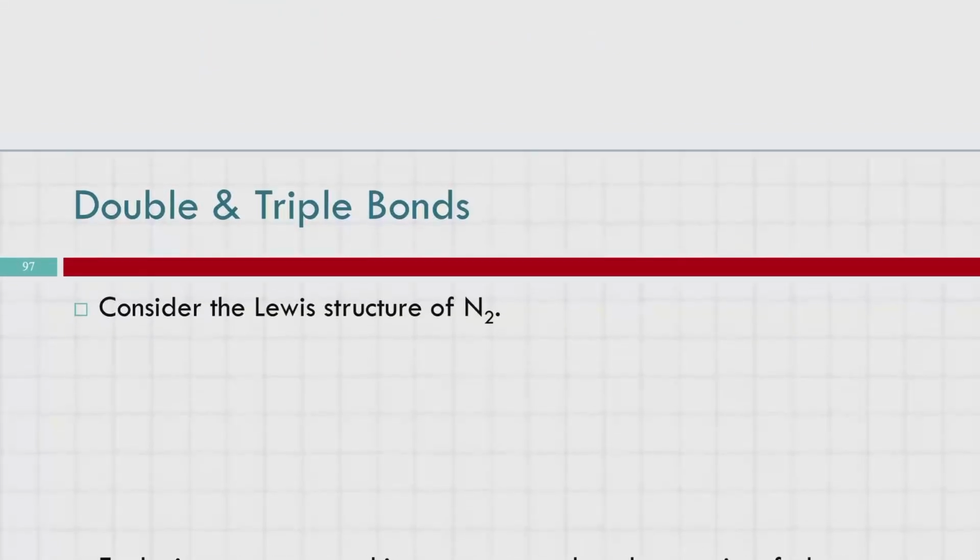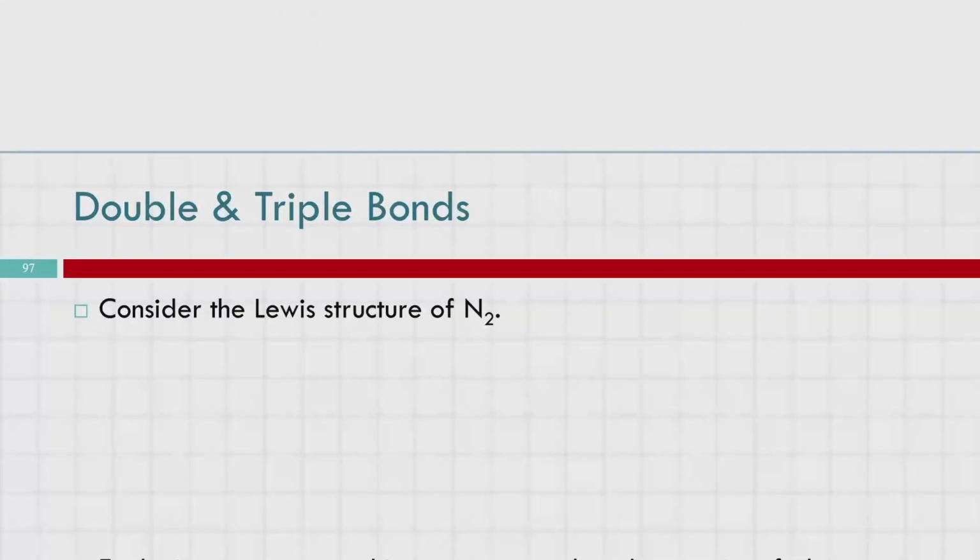Consider N2. How many electrons does nitrogen have in its valence shell? 5. Why did we get 5? Because of the column that it's in, right? It's in 5A. So 5 valence electrons.